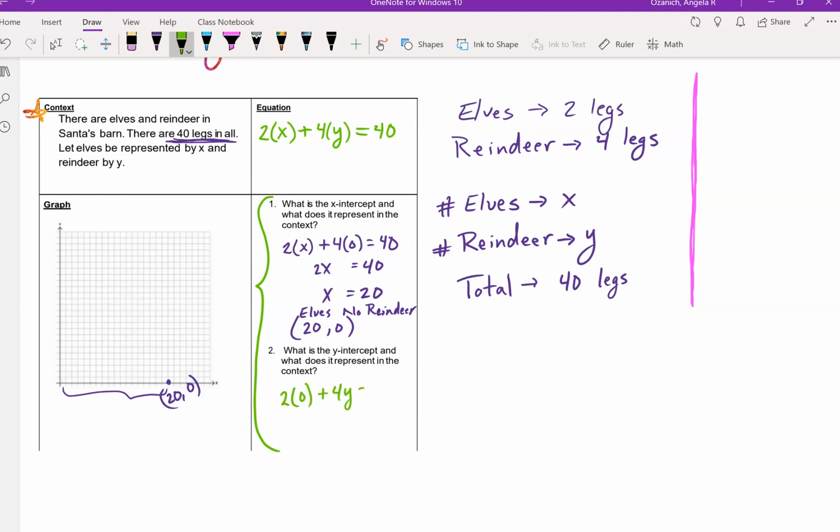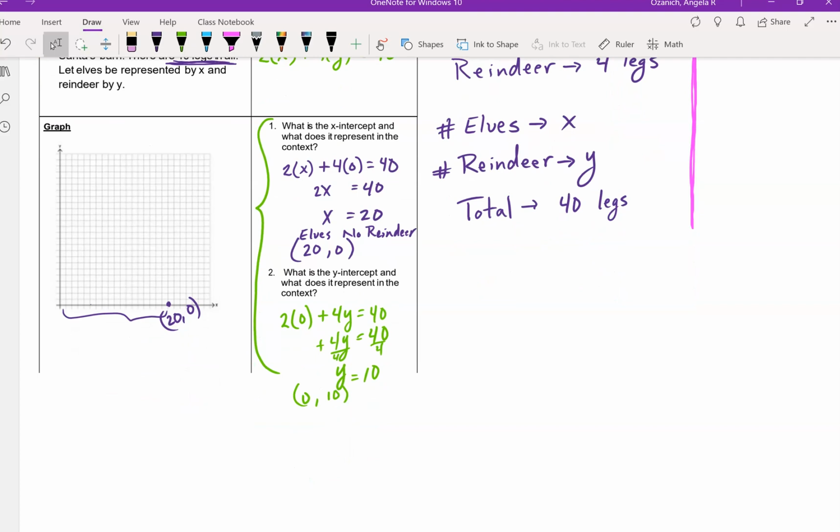So here we have plus 4y is equal to 40. 2 times 0 is 0, so we have 4y equals 40. If we divide both sides by 4, we get y is equal to 10. So (0, 10) is another point on our graph.